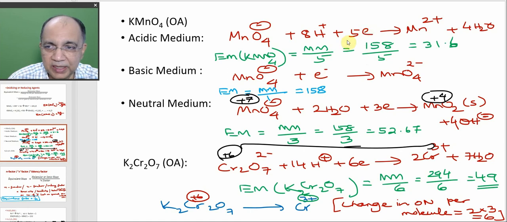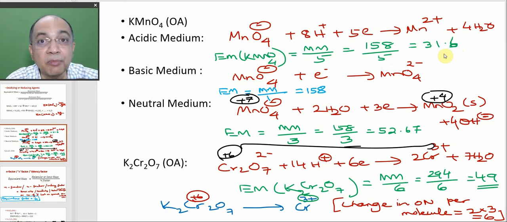If it is permanganate ion you take the ionic mass, but for the whole potassium permanganate you have to take the molecular mass. 158 by 5, 31.6 is the equivalent mass of KMnO4 in acidic medium.